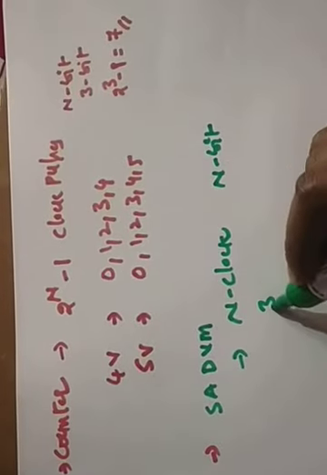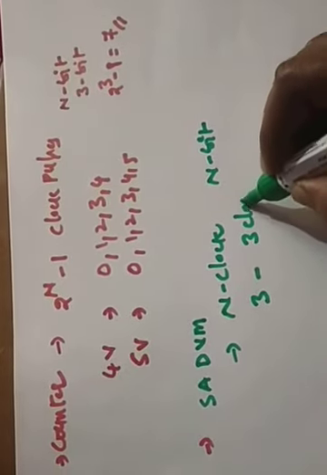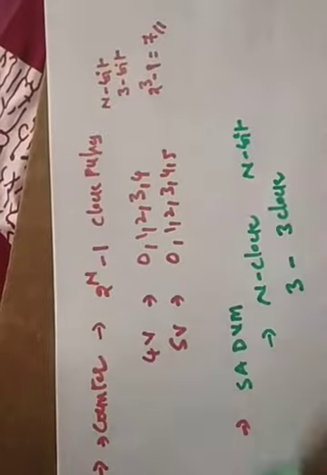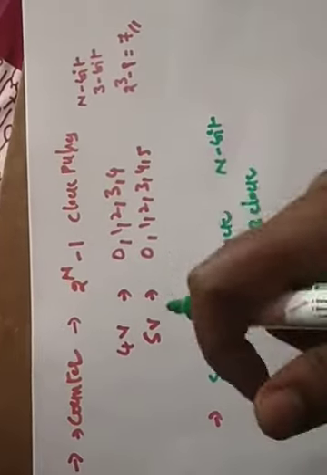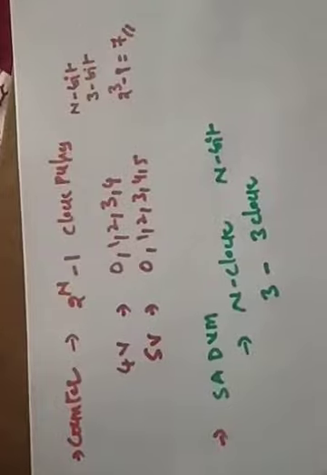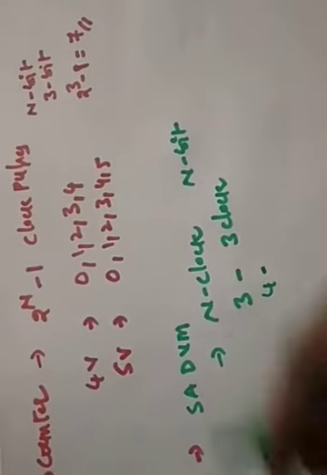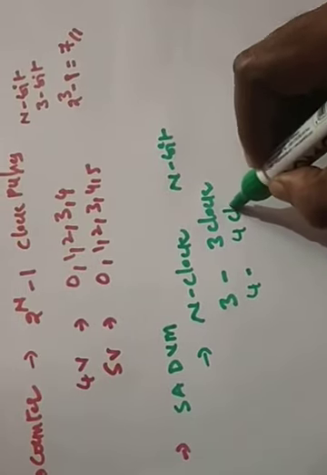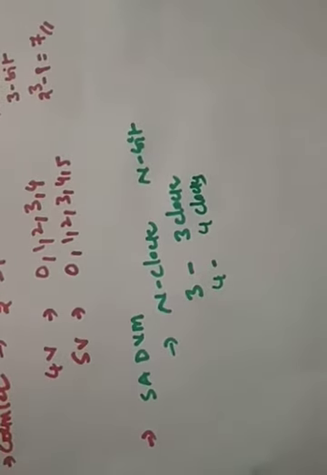If it is 3 bit, you require 3 clock pulses only. So very fast response. In the counter type, 2 power n minus 1 clock pulses are required, so the time required to get the digital output is very high. In successive approximation, 4 bit means 4 clock pulses only are required.